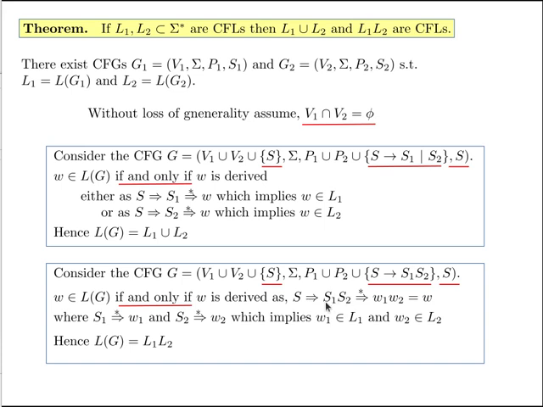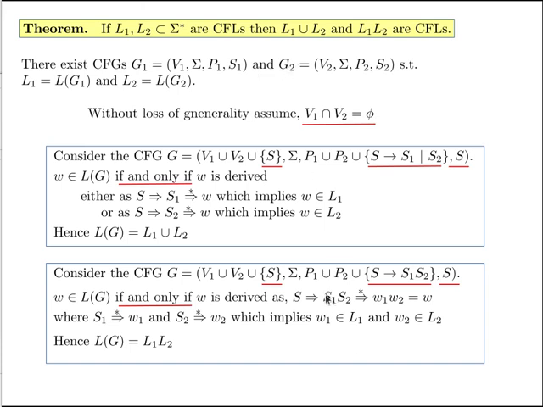And in this part, once you are in S1 and S2, you never encounter the capital S again. So all the productions for S1 are from P1, and all the productions you apply for expanding S2 are in P2. So these are again just derivations in G1 and G2.